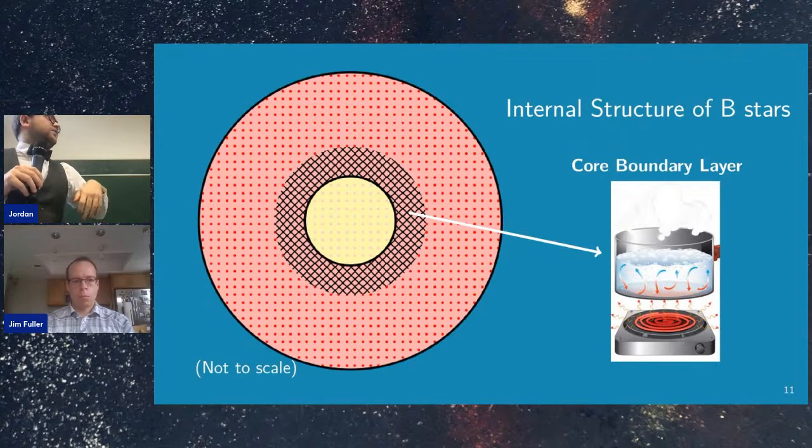This means that when you have more fuel, you can burn for a longer time, and therefore you change your lifetime and also change the way you evolve. So this core boundary layer is in fact quite important.